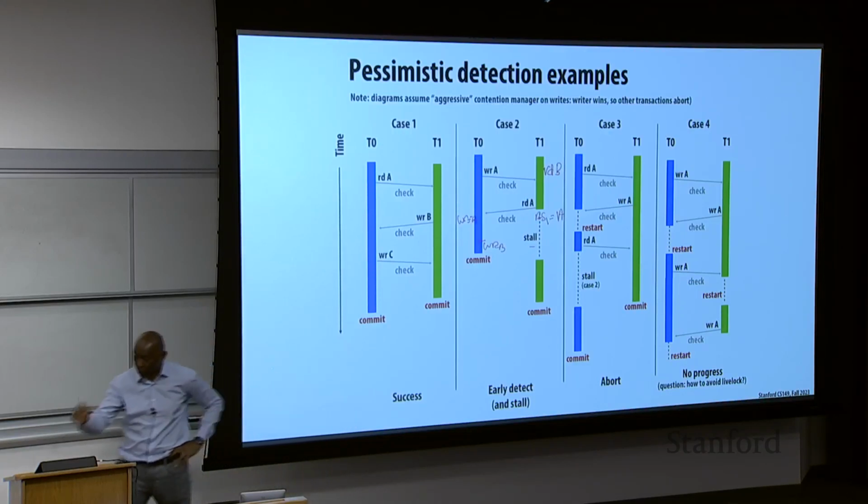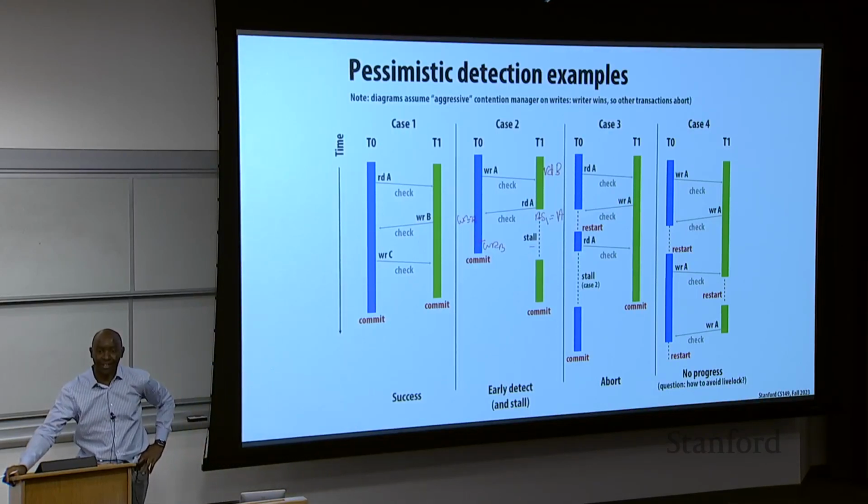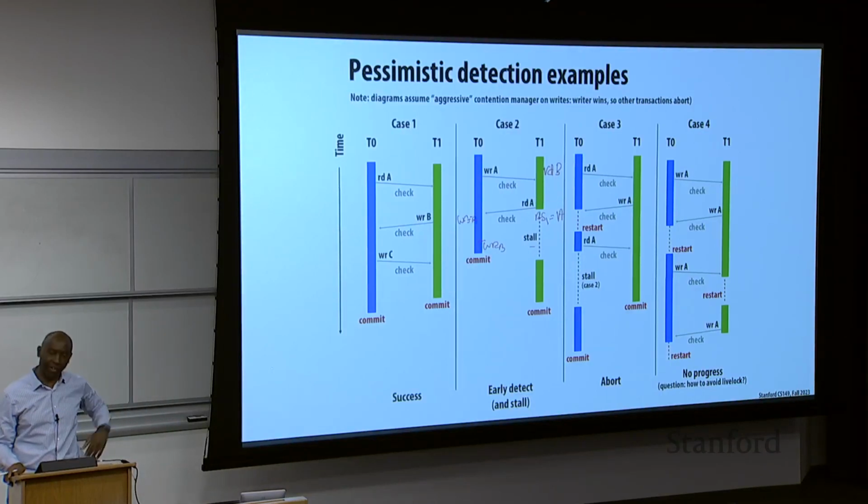I mean, you could abort the transaction that's doing the write, right, instead of having the reading transaction be aborted. It's like first come, first served. Yeah, right. But there are many options for contention management, and different systems have been implemented with different advantages depending on the particular application scenario.